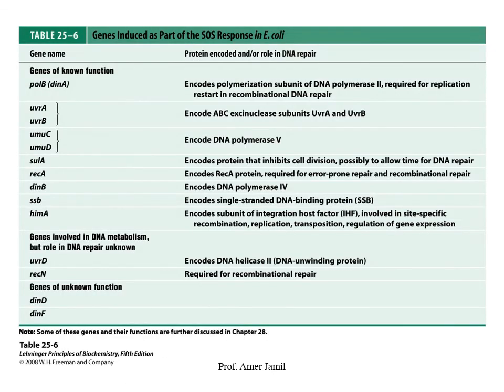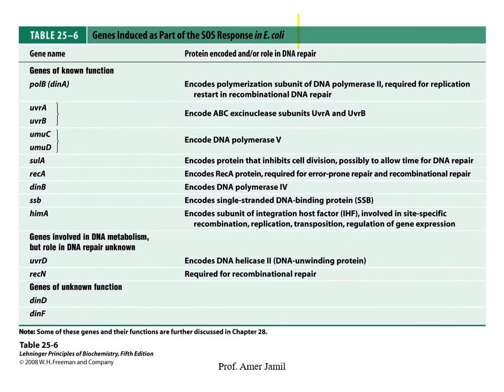Then in case of severe stress on the cell, for example continuous ultraviolet radiation, a big set of machinery is activated. This is called the SOS response, signal of stress response.